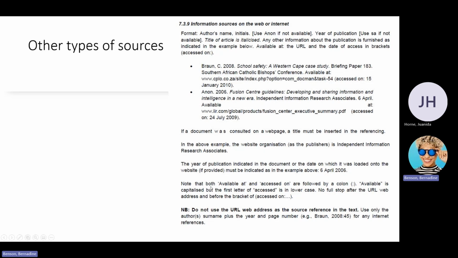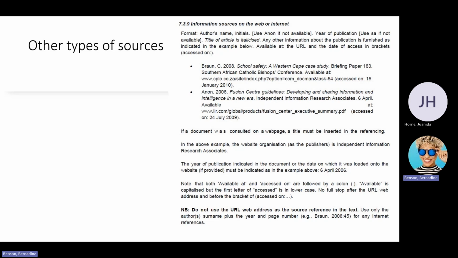Now, note that both Available at, look at the big A, or accessed on are permissible, but you have to use it consistently. If you are choosing Available at, you must have Available at all the time with a big A. And if you're using accessed on, note the differences. Available at is with a big A, capital A, but the first letter of accessed on is in lowercase.